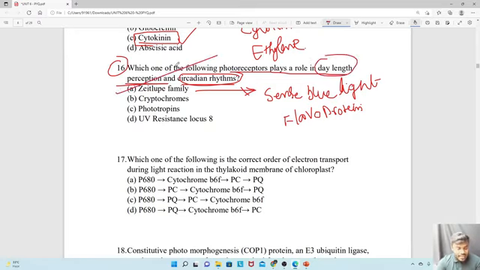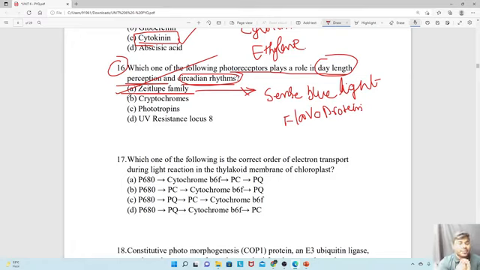The answer will be A, Jet loop. It's not cryptochrome, it's not a phototropin. Please don't get confused and remember this. In evolution, when we read circadian rhythms, we will remember this.